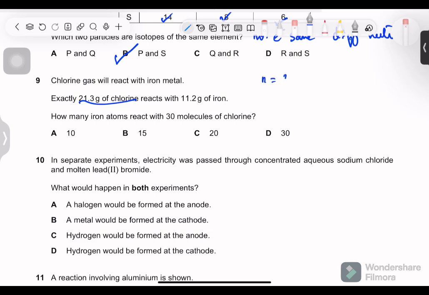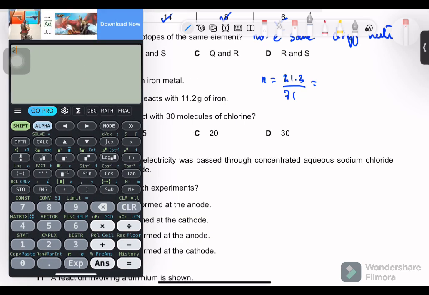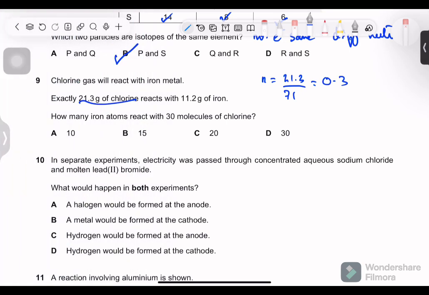Number of moles will be 21.3 over 35.5, the MR, but it should be doubled because chlorine exists as Cl2, so the number of moles is 0.3. 0.3 moles of chlorine react with 11.2 grams of iron.